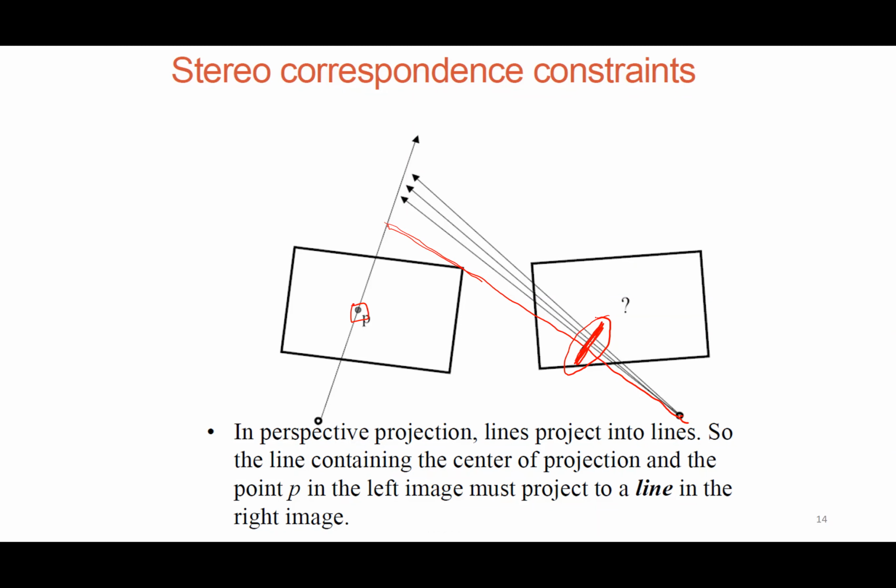Is that clear to everyone? This is coming from the properties of the perspective projection itself, where a line maps to a line. So this point would certainly represent one of the points on this line, that is for sure. So this line again maps to a line, as simple as that. Where do you have to look? You just look at this line here. That's all.